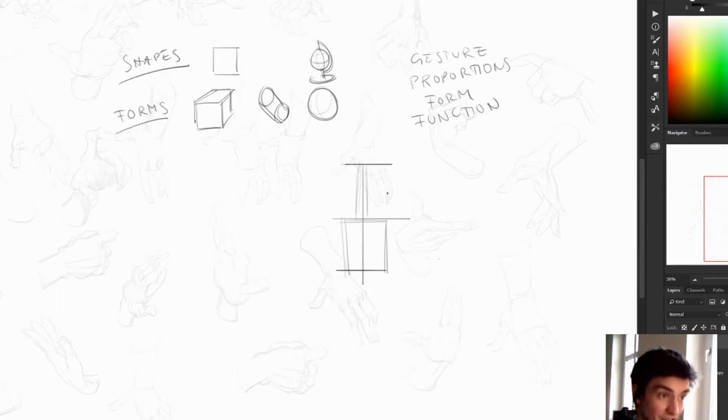So your little finger is the smallest finger on your hand and is roughly 2/3 of the length of your middle finger. So you can pretty much pinpoint that here. And then your ring finger and index finger might be the same length and slightly shorter than your middle finger. So 1, 2, 3, 4 fingers. We're going to talk about the thumb in a second.